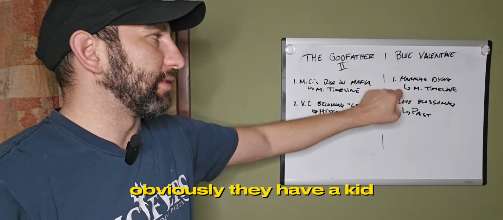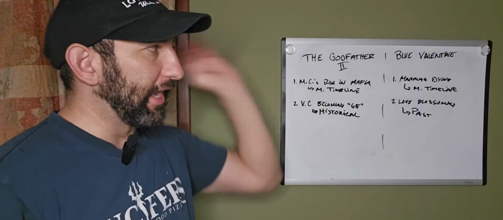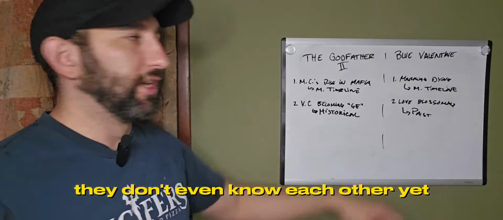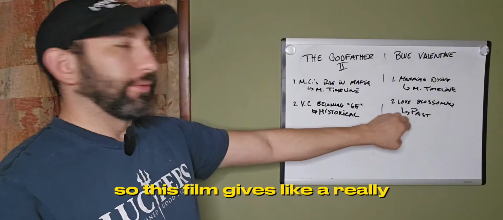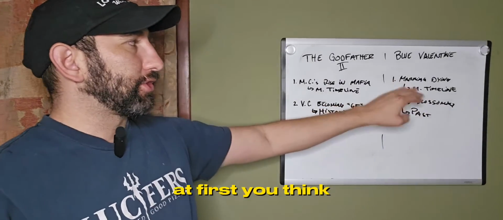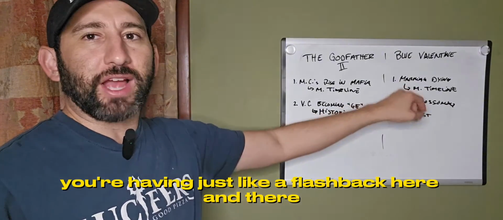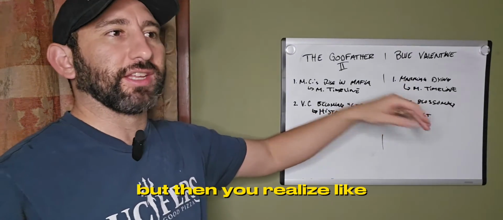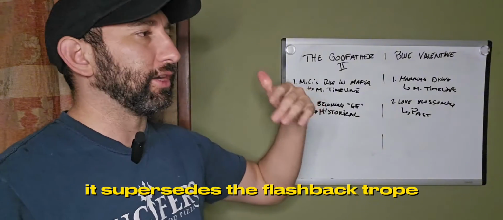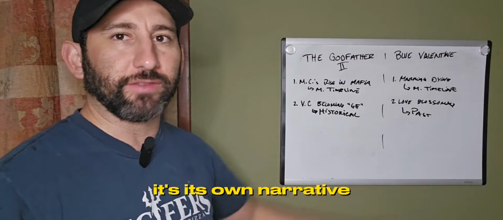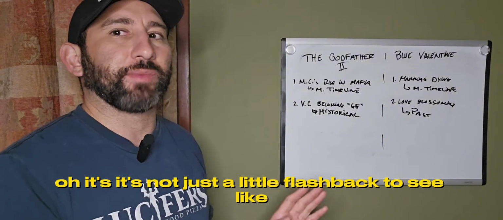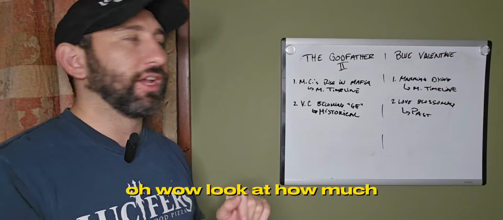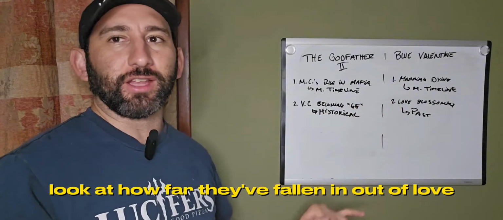Obviously, in the first they have a kid and they've been together for many years. And in this one, they don't even know each other yet. So this film gives a really, and again, at first you think you're having just a flashback here and there, but then you realize it supersedes the flashback trope. It's its own narrative. You're like, oh, it's not just a little flashback to see how far they've fallen out of love.